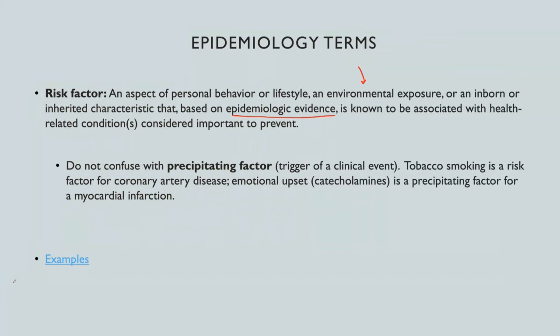And we shouldn't confuse risk factors with precipitating factors. For example, smoking is a risk factor for everything, but when someone smokes, they don't immediately have a myocardial infarction. They have to be many years smoking and doing other things probably to have an MI, coronary artery disease.